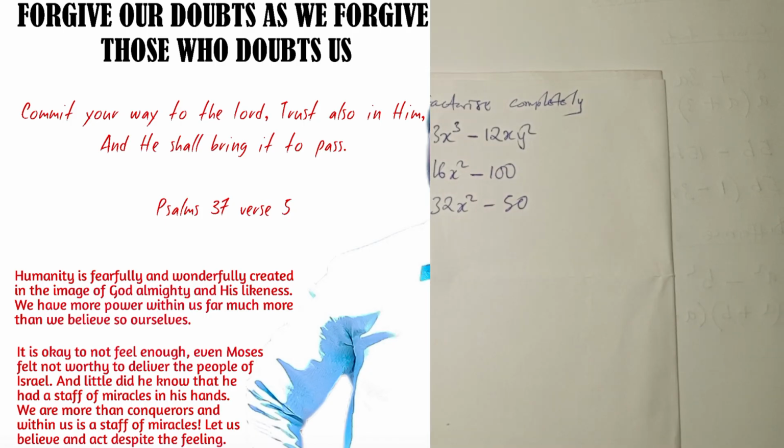What you should always remember is that when you are told to factorize, here we are told to factorize completely. You can factorize, but it cannot be complete, so make sure that you complete your factorization. And again, if you see two terms, always start with a common factor.